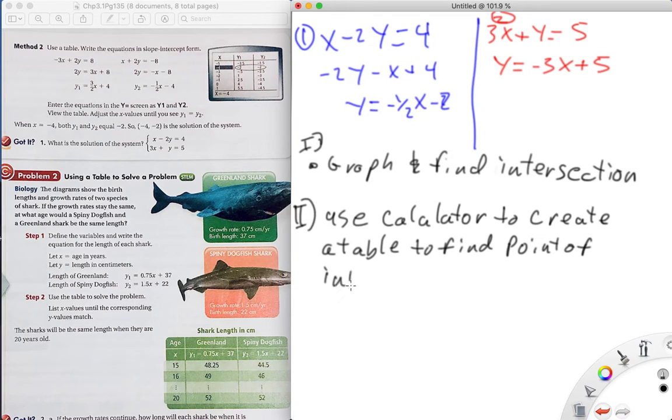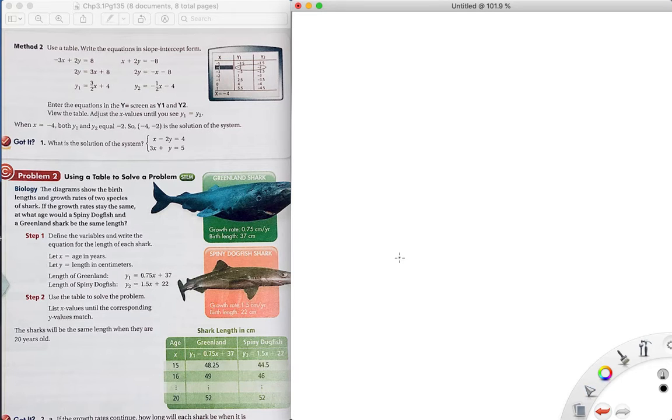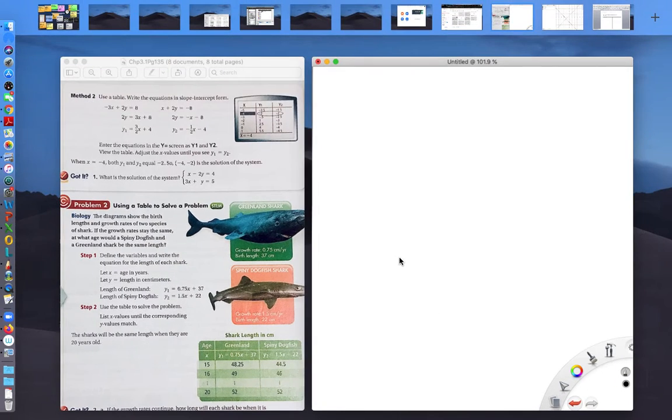I could do it either way. So I'll turn them into slope-intercept form and graph them to find the intersection, or use a calculator to create a table to find a point of intersection. Either way will work. And I'll show you exactly what that means right now.